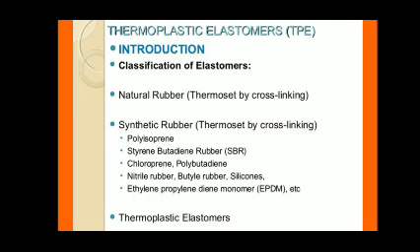Classifications of elastomers: thermoplastic elastomers; natural rubber, thermoset by cross-linking; synthetic rubber, thermoset by cross-linking, such as polyisoprene, styrene-butadiene rubber, chloroprene, polybutadiene, nitrile rubber, butyl rubber, silicones, ethylene propylene diene monomers, etc. Elastomers are classified by synthetic rubber and natural rubber presence in cross-linked bonds.